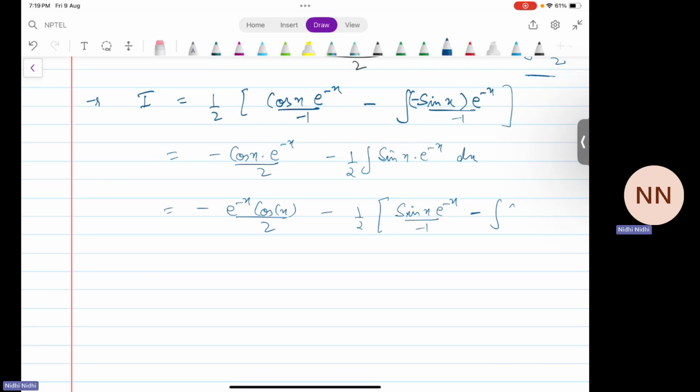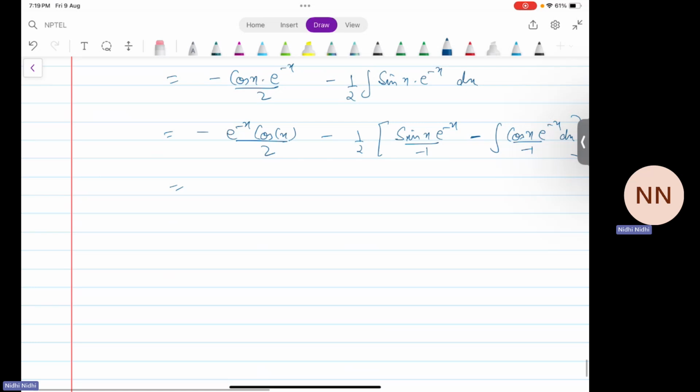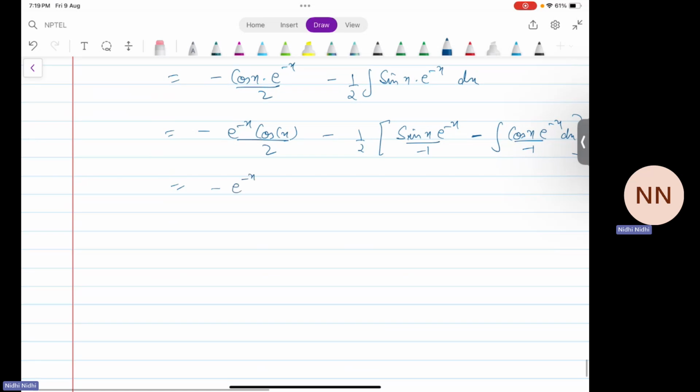Derivative of sin x is cos x, e to the power minus x by minus 1 dx, which is equal to minus e to the power minus x cos x by 2 plus e to the power minus x sin x by 2 minus I, because this is the same term.